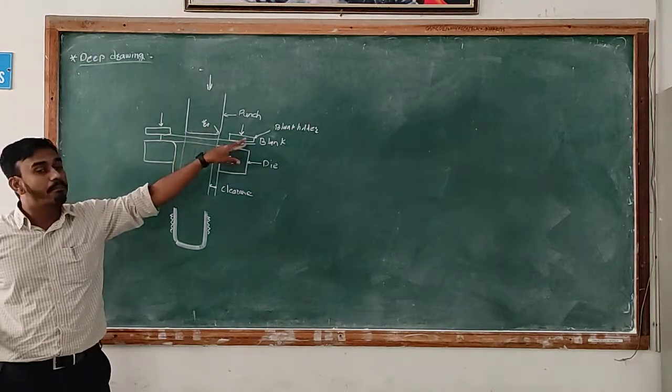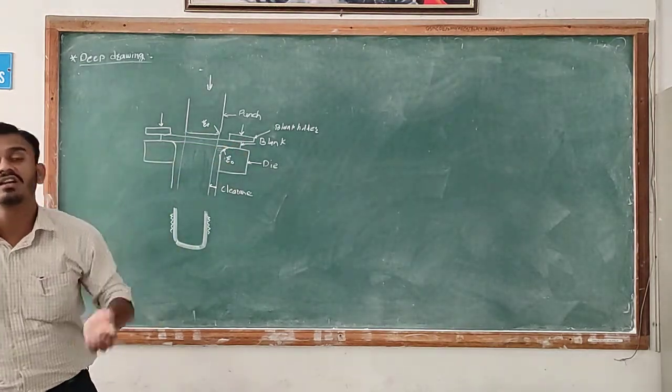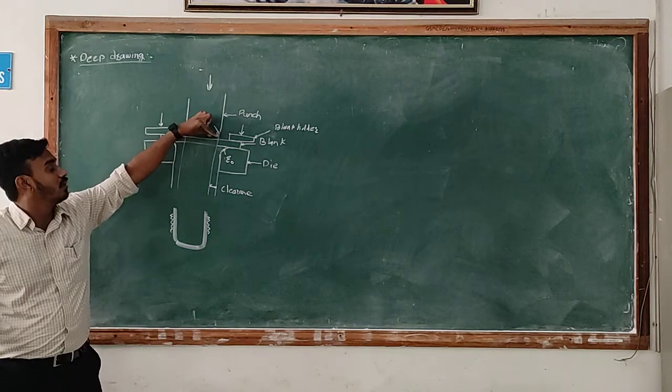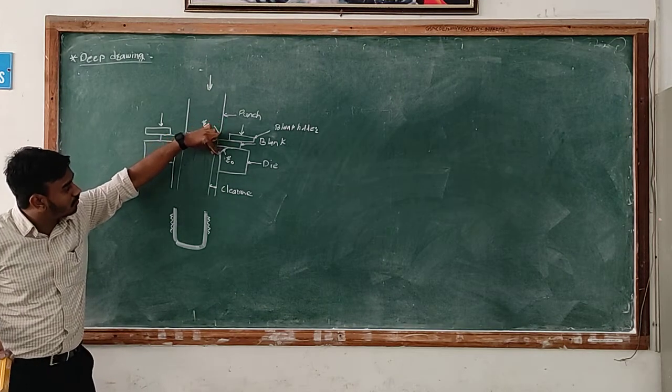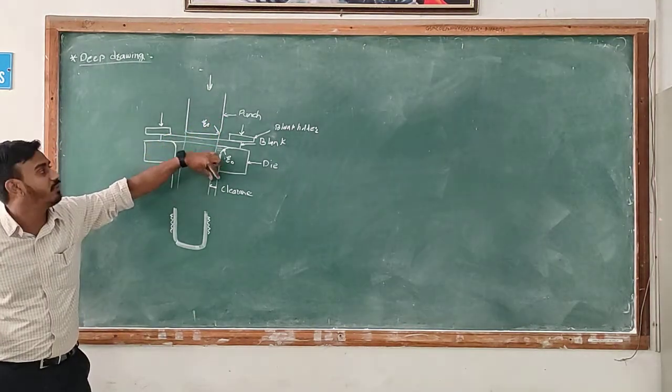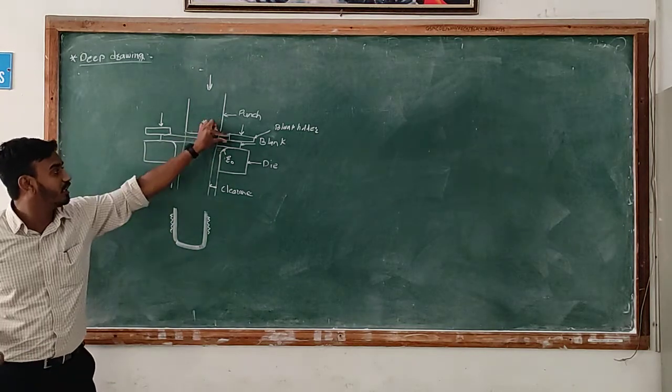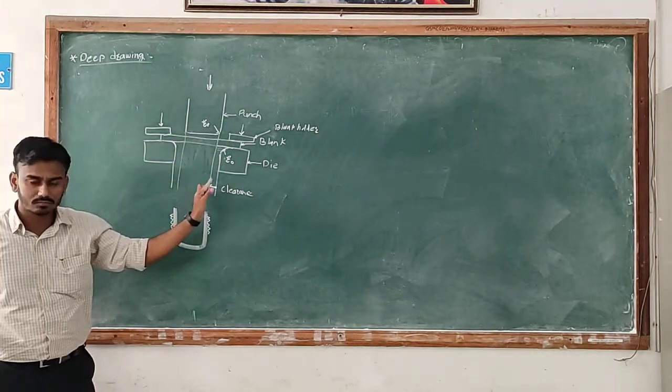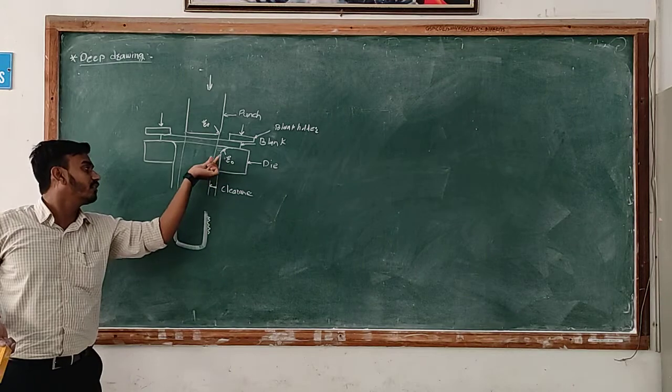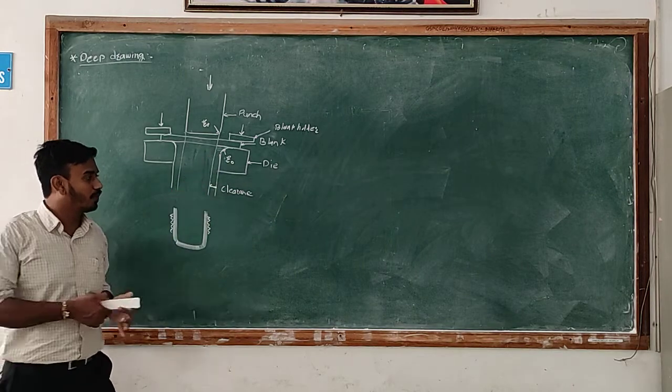And if this blank holder pressure is very high, then the material will not flow freely inside. It will get buckled here, so that the shape of the output will look like that.